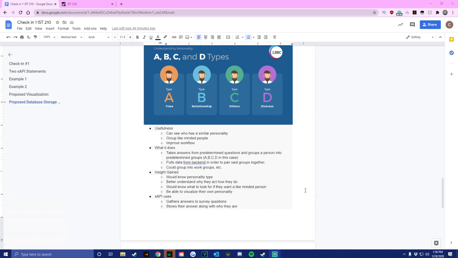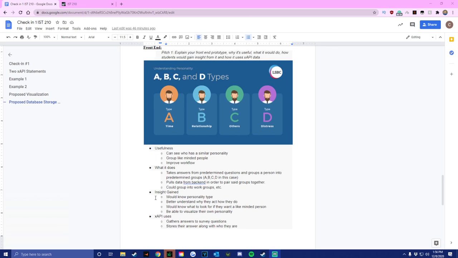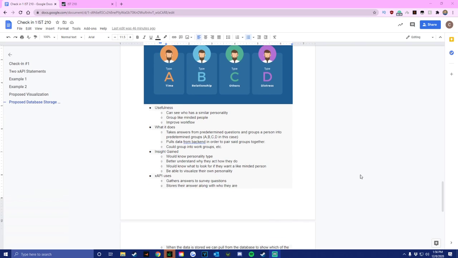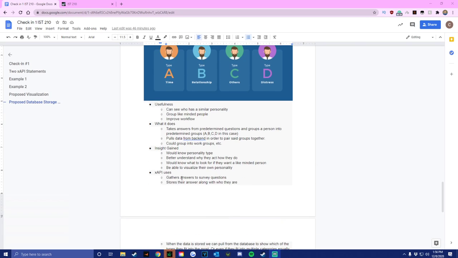But then down into the xAPI uses, which is probably the most important part of this project. So basically what the xAPI statements are going to be doing as you're answering these questions, you have a lot of different options here, but what we're basically focusing on is the actual answers for the questions and how they respond to those answers, of course.